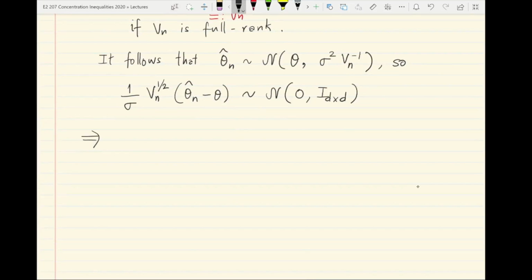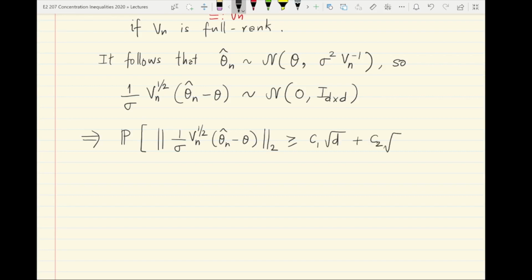This in turn implies, by using standard concentration results for multivariate normal vectors, that the probability that the L2 norm of this vector, 1 over sigma times the square root of Vn times theta hat n minus theta, which is basically the L2 norm of a standard multivariate normal in d dimensions, exceeds some constant times the square root of the dimension plus another constant times the square root of log 1 by delta, is bounded by delta.